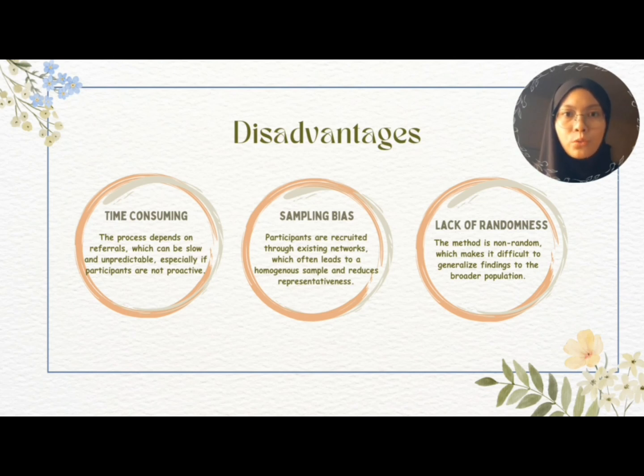In research, we usually want everyone in the population to have an equal chance of being chosen. That's what we call a random sample. But with snowball sampling, it depends on who participants know, so there is no equal chance.